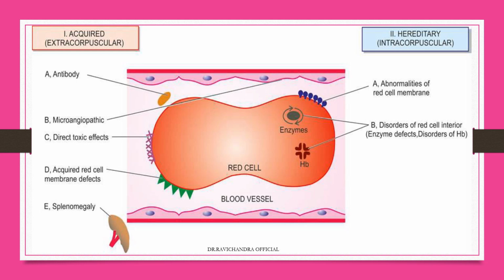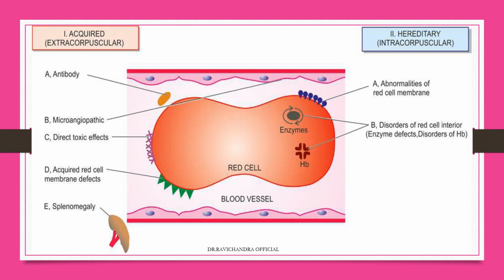This is a beautiful picture representing the various hemolytic anemias. Hemolytic anemias, as I said earlier, are subclassified into hereditary and acquired. All the intracorpuscular defects or causes will come under the hereditary, and extracorpuscular defects will come under the acquired hemolytic anemias.